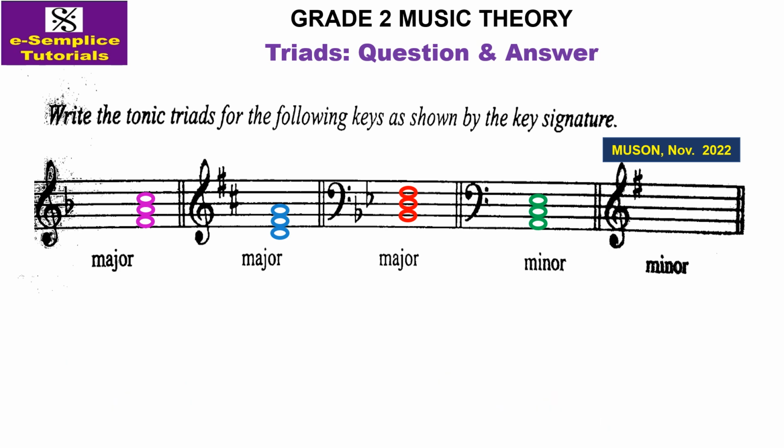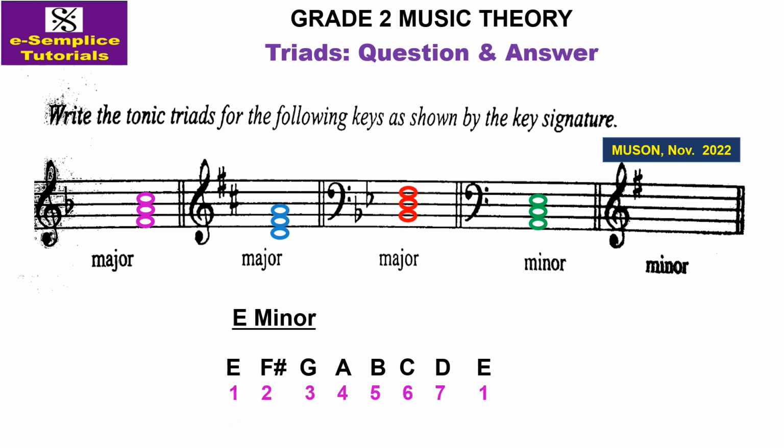The last on this, another minor key, and the minor key with 1 sharp is E minor. The notes in E minor, the degrees of the scale. This is another minor key. Raise the 7th note. You have D sharp.